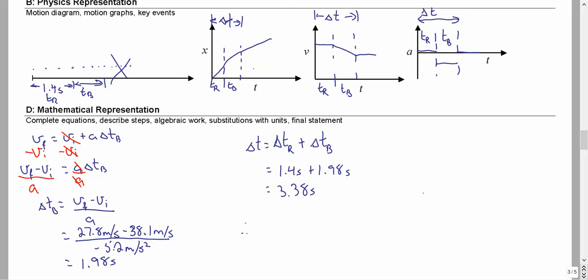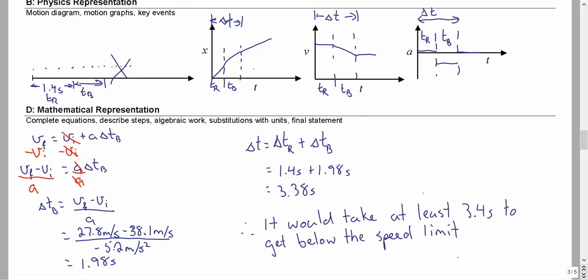So we could say, therefore, it would take at least 3.4 seconds to get below the speed limit. And that would be our solution to problem 3.